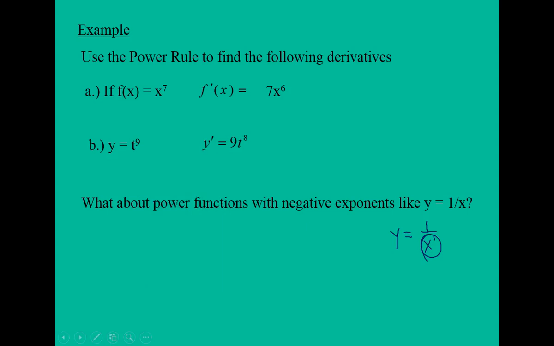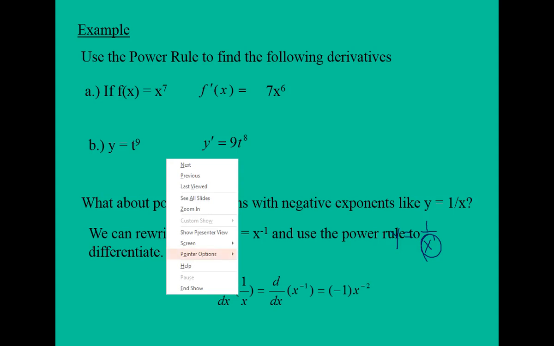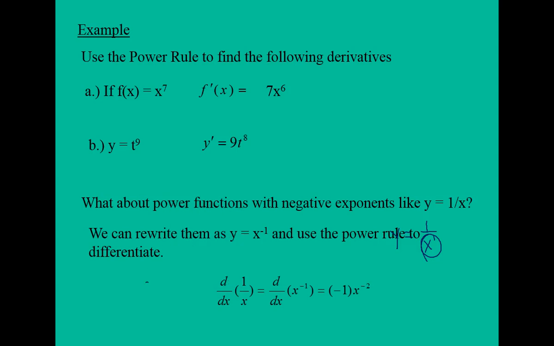And if we rewrite this, we can rewrite it as x to the negative 1. So now we can apply the power rule. Now we would finish this off by rewriting it as negative 1 all over x squared. We want positive exponents in our final answer.